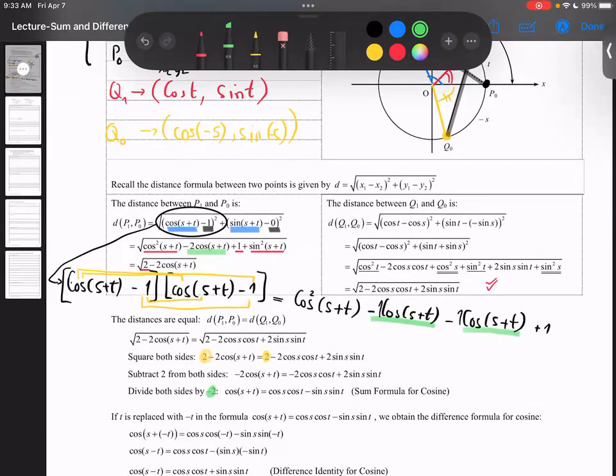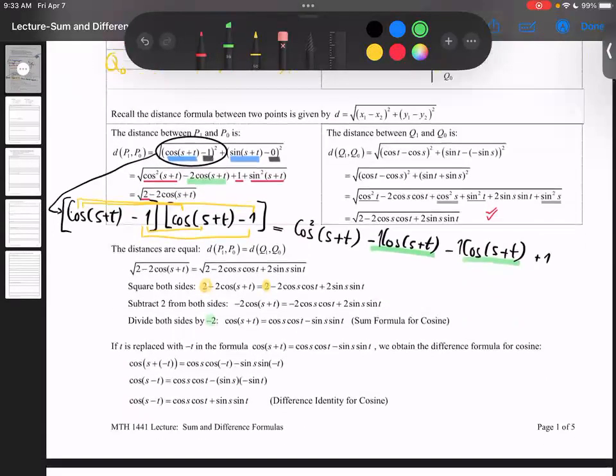So the left-hand side becomes positive cosine s plus t. The right-hand side is going to be positive cosine s cosine t minus sine s sine t. There you have the first sum formula of cosine.